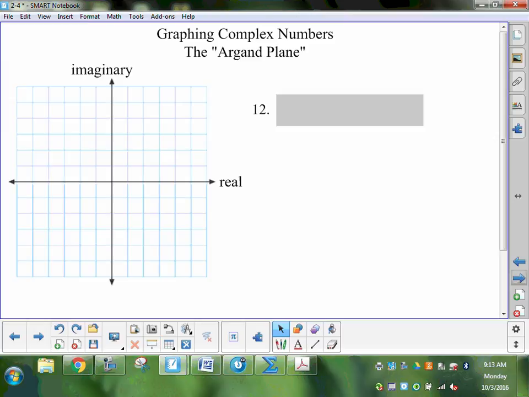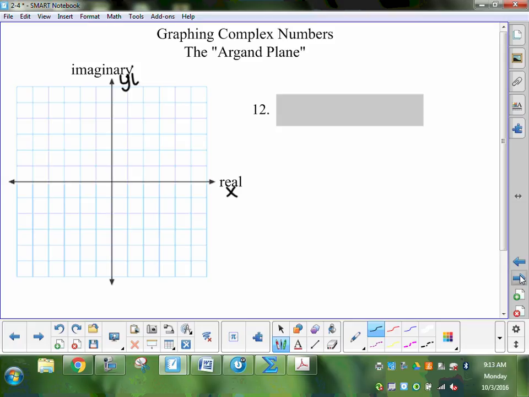The Argand plane we use to graph imaginary numbers. Technically, when you label it, this is your x-axis and this is your y-axis. You're still graphing an ordered pair.